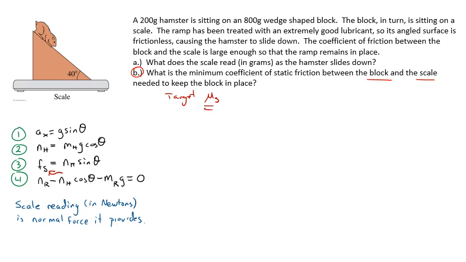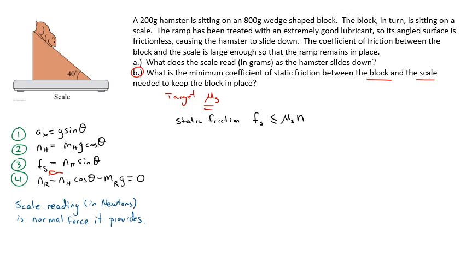And you have to remember that for static friction, the static frictional force is less than or equal to mu s times the normal force, right? Which is acting between the two surfaces.